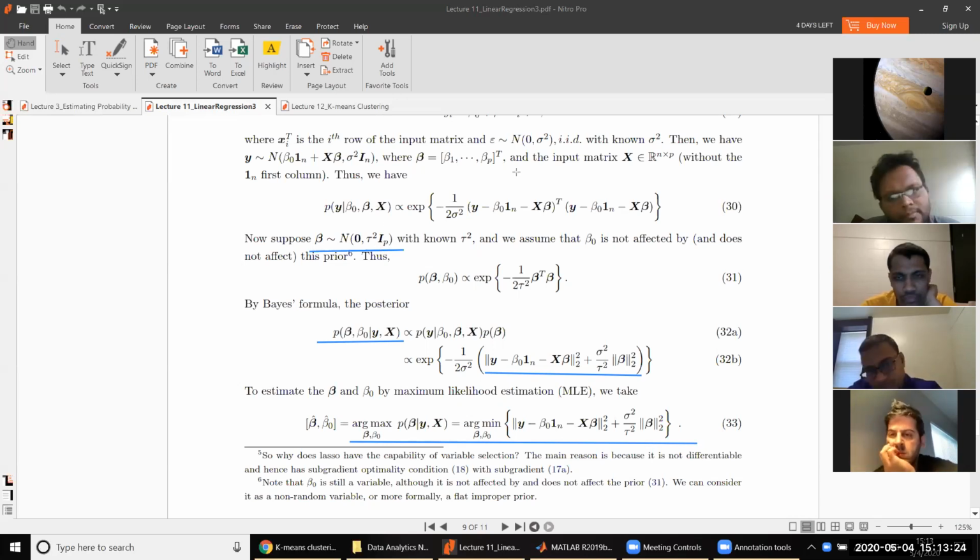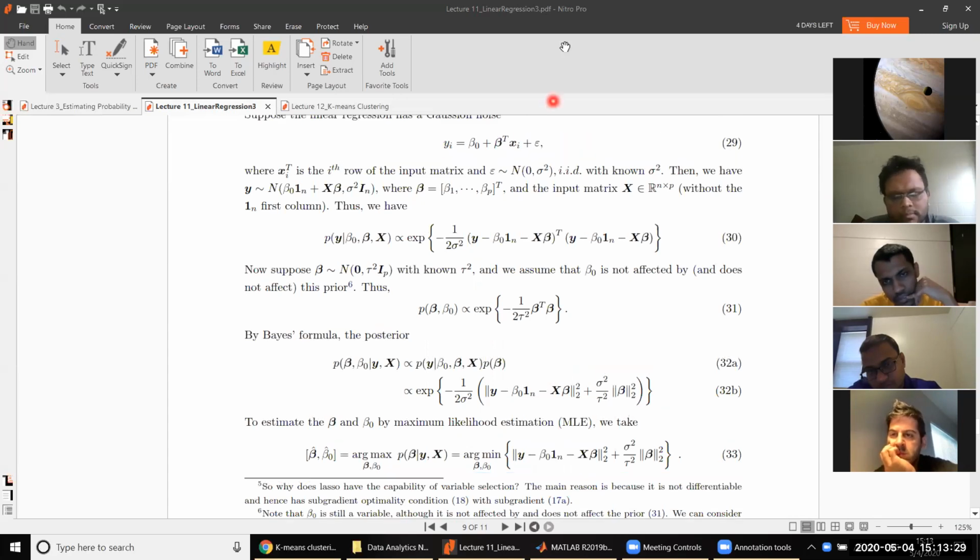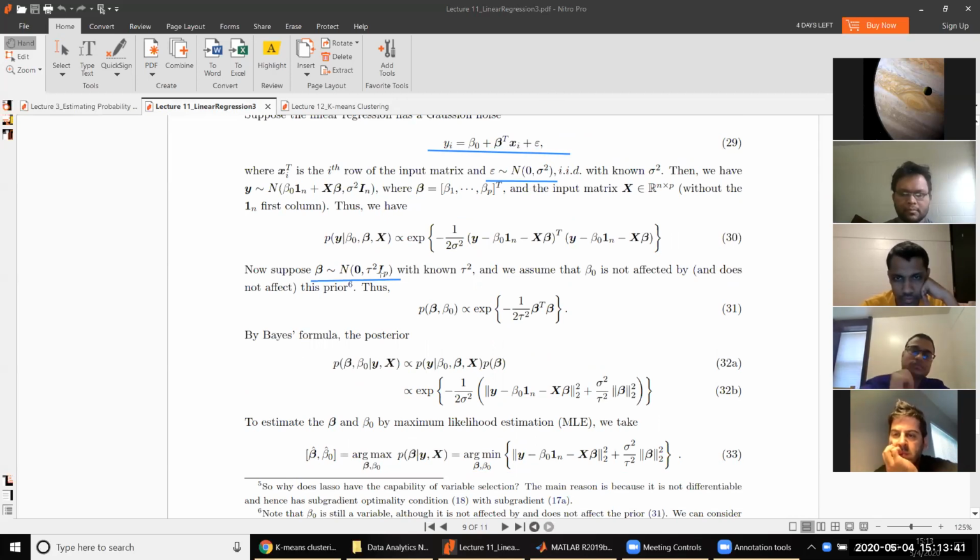So in this case, we can see that from this setting, the y expression is this, the noise is normal 0 sigma square I, and the prior distribution is also normal 0 tau square I. Then in terms of the Bayes estimate, using the MLE, we have exactly the ridge regression, where lambda equals sigma square over tau square.